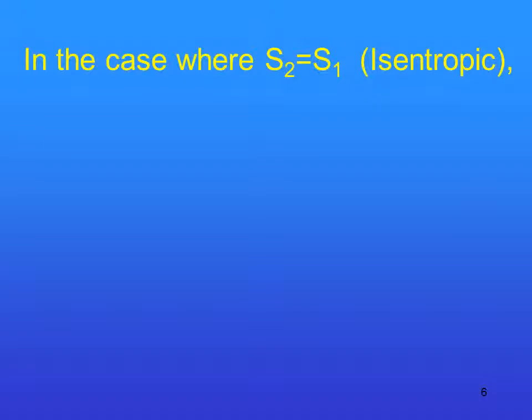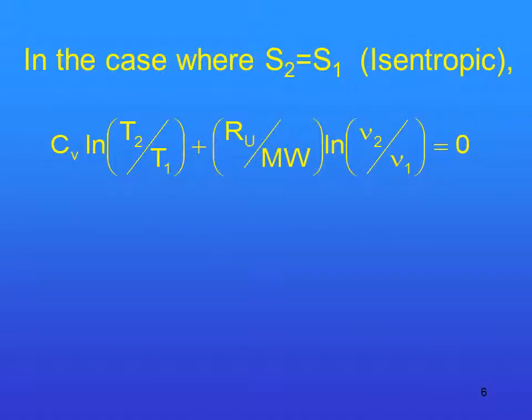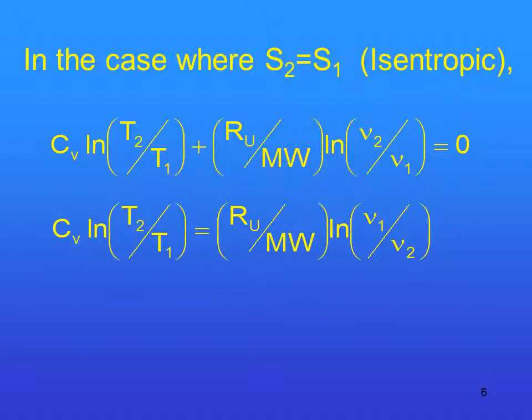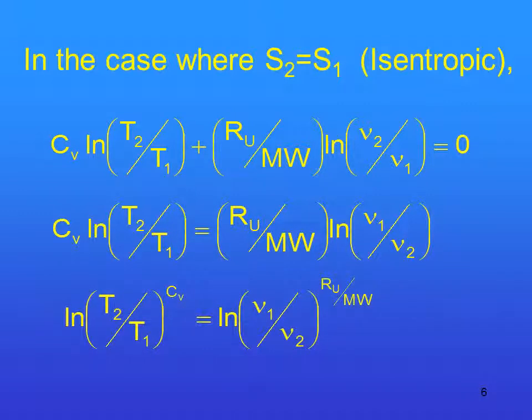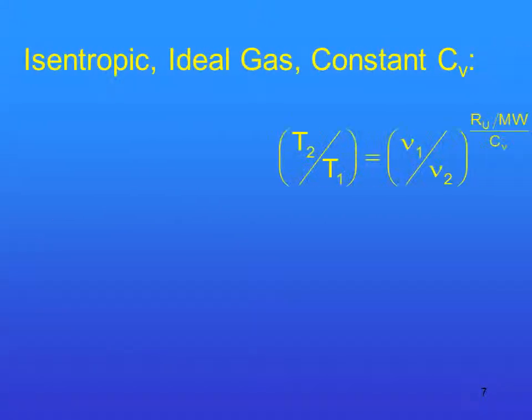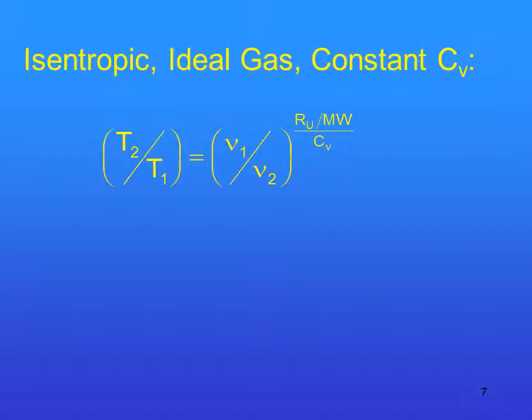In the case where we have an isentropic process, where reversible and adiabatic leads to an isentropic process, there are very similar manipulations, so I'm going to click right through them. And I'd like you to again pause and develop each of these equations algebraically. It's simple algebra. And we lead to the following relationship.